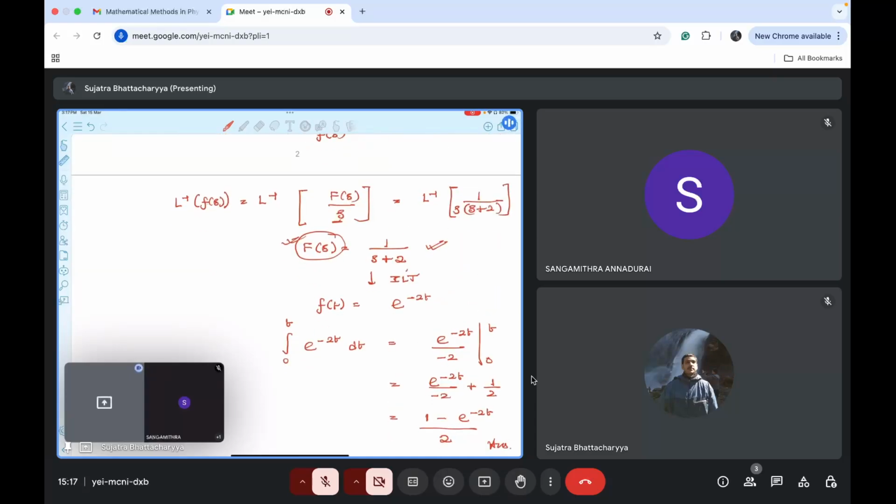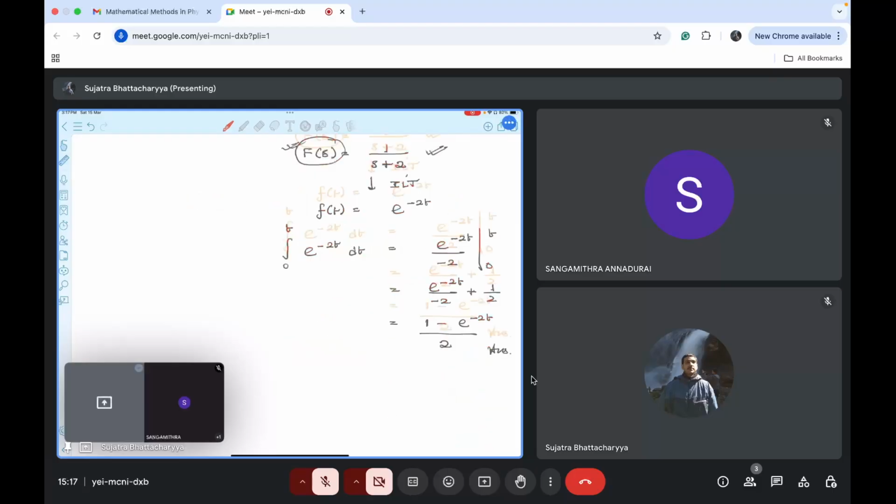Okay. So what we have seen so far is you have s times F(s). You can do it by operator, meaning a differentiation of the function has to be found out. When you have F(s) divided by s, when it's the Laplace transform function divided by s, then you have to integrate the function.